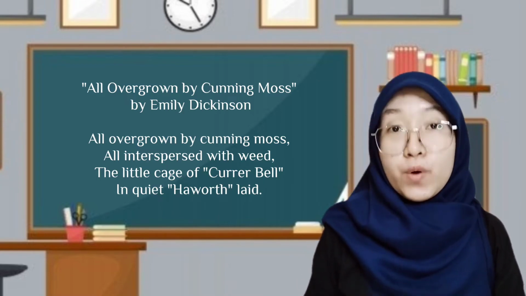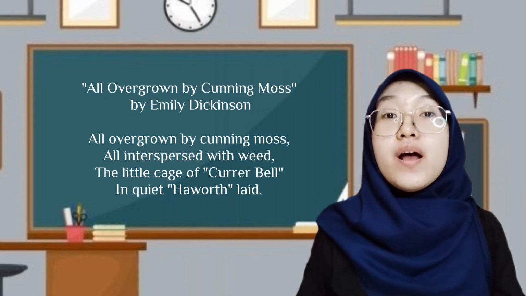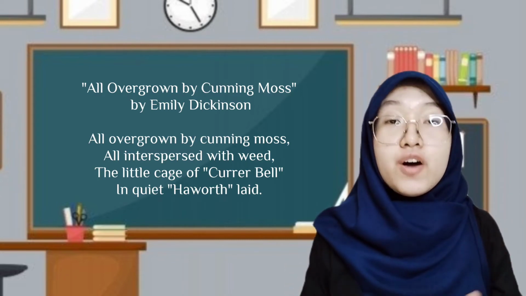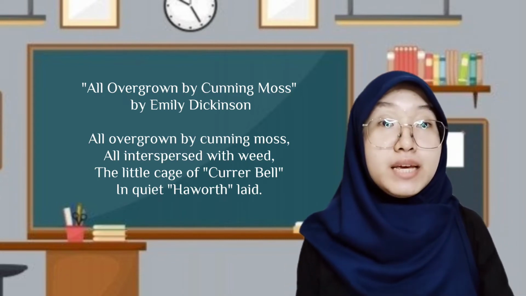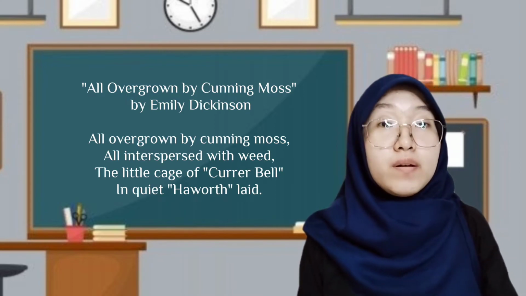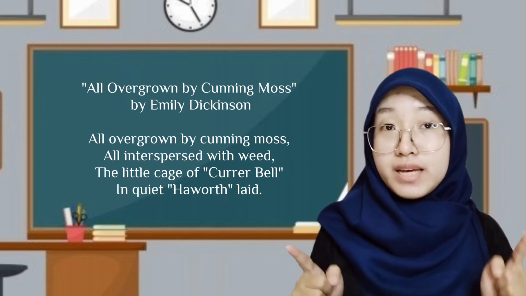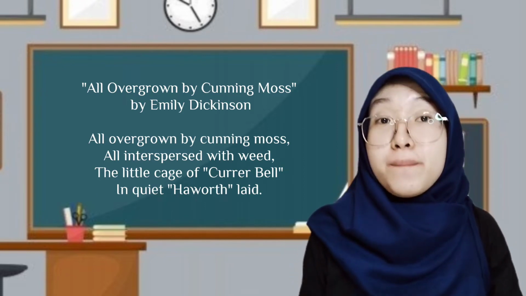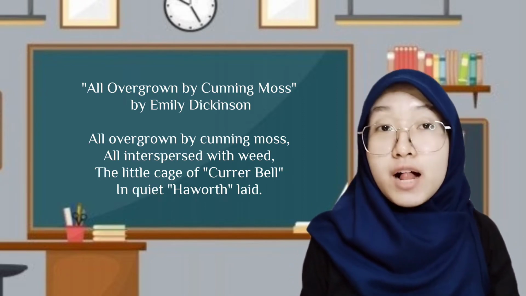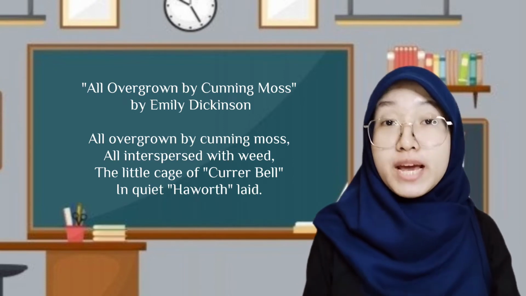The quotation marks hint to the reader that these two things, the name and the place, didn't merely come out of Dickinson's imagination. Still, you'd have to be familiar with Bronte herself to be able to make the connection here.